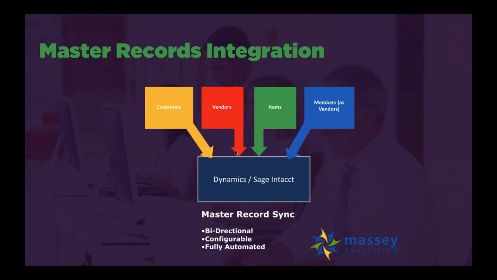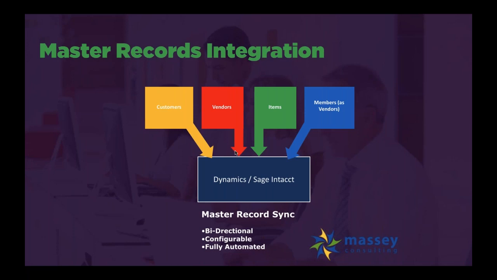And we send those members over as vendors that are going into and out of Dynamics or Sage Intacct. So push that data. As we note down at the bottom, it is now bi-directional. It is completely configurable, and it is fully automated, okay?